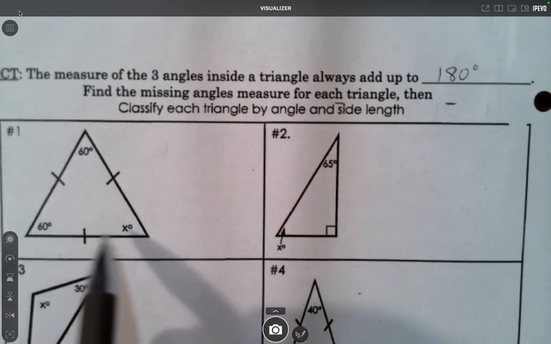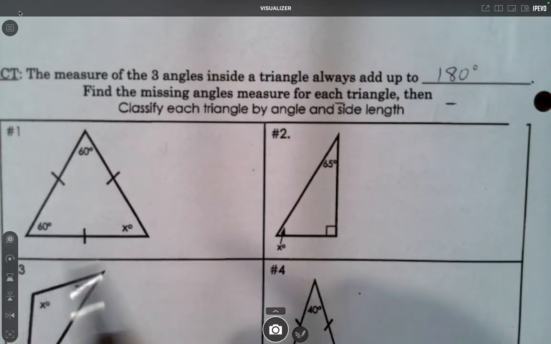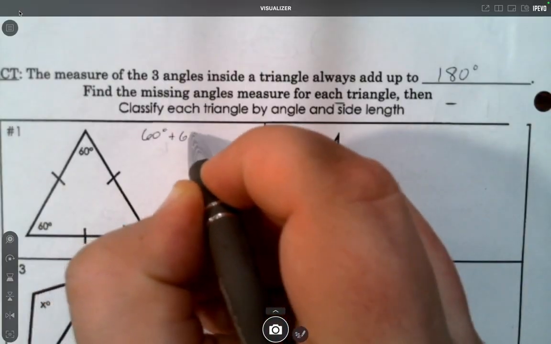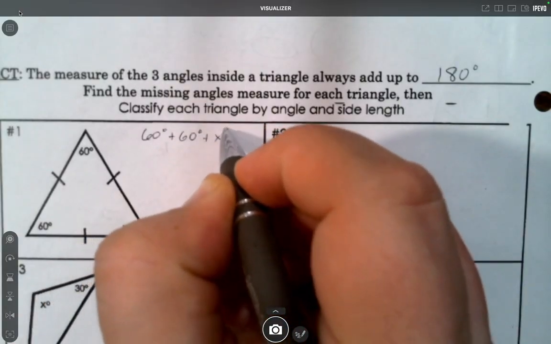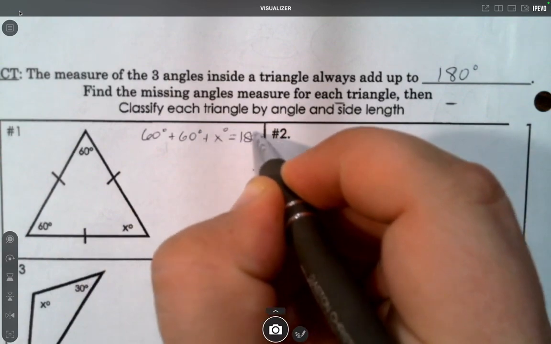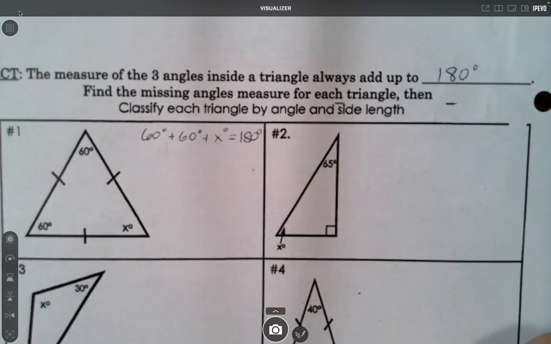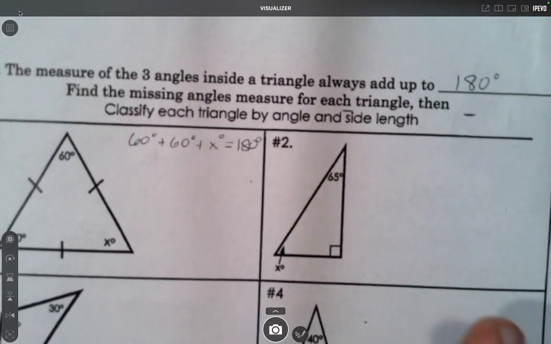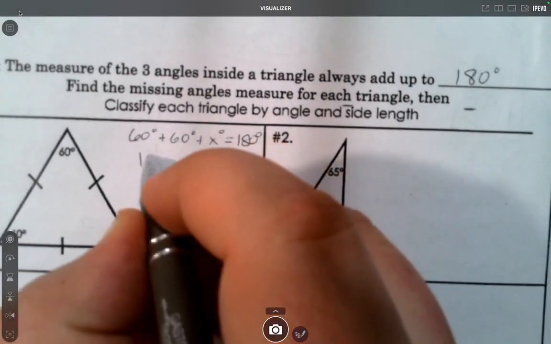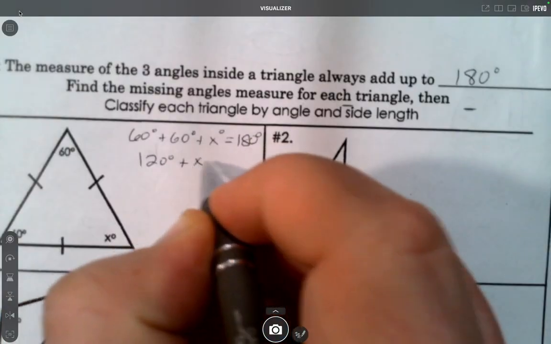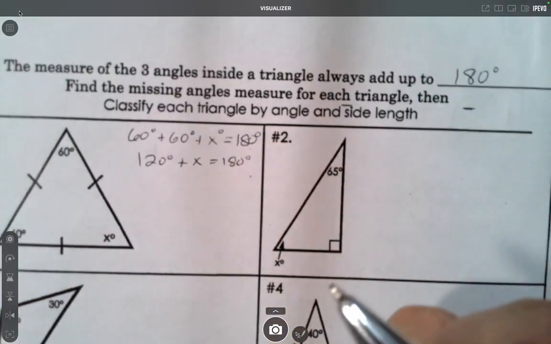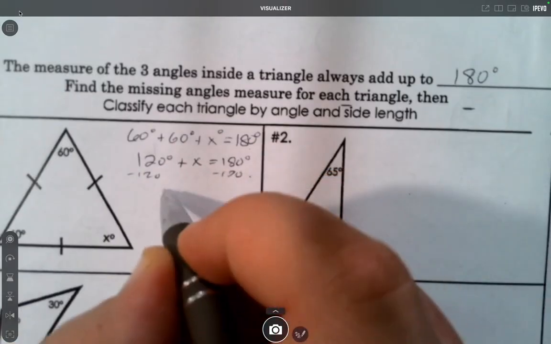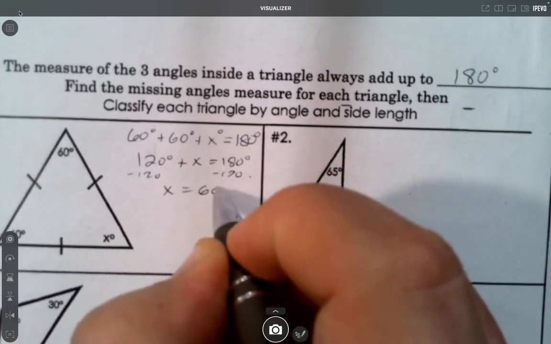So we can figure out this third angle by saying, okay, I know 60 degrees plus 60 degrees plus x degrees has to equal 180 degrees. Sixty plus 60 is 120. We subtract 120 from both sides, and we get that angle x is equal to 60 degrees.